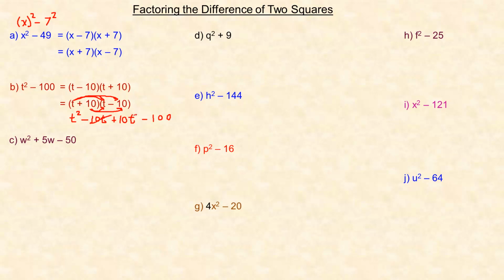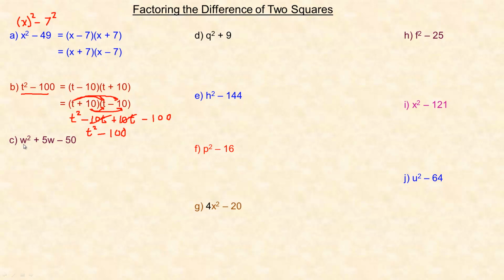And these two terms are opposites, so they add to 0, so we end up with just t squared minus the 100, which is exactly what we started with. So that's how you can check to make sure any of these work.